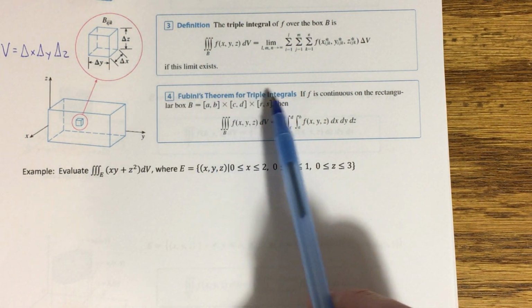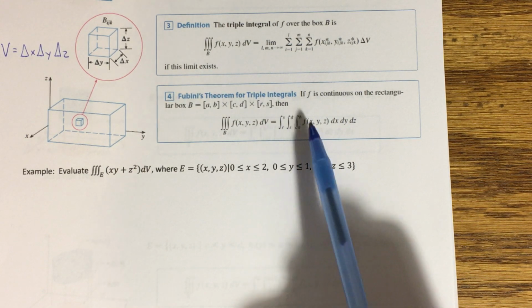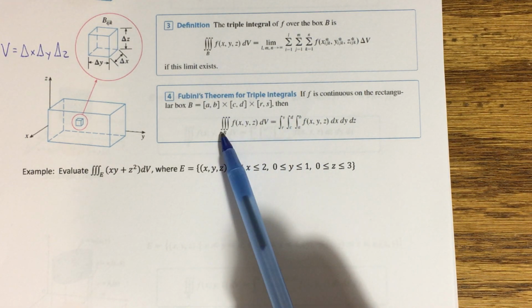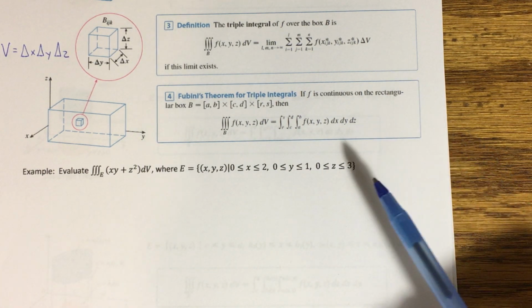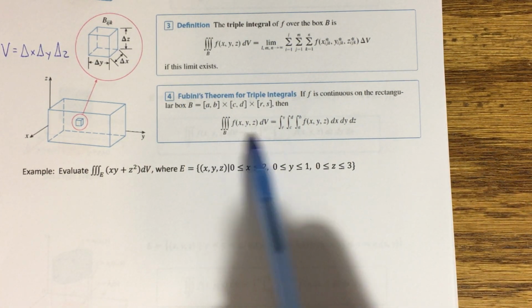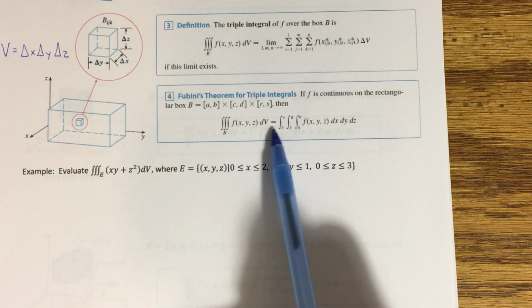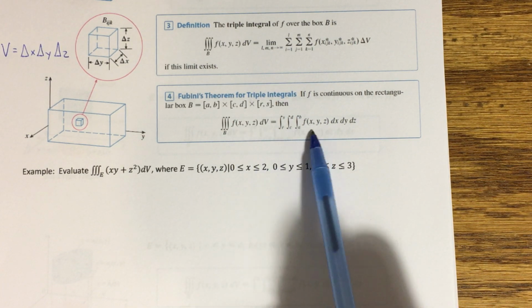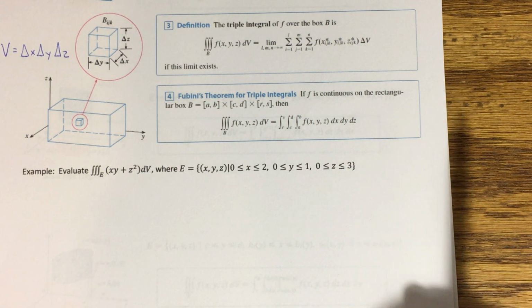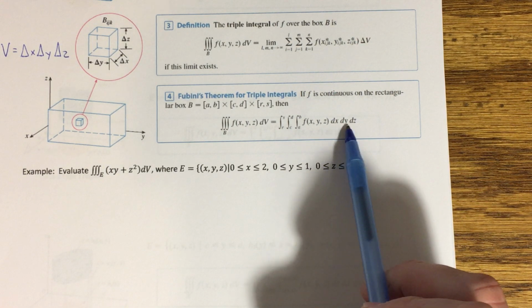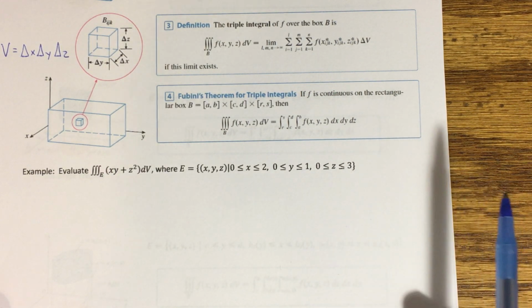But Fubini's theorem also is the statement that these triple integrals can be evaluated as iterated integrals at all. So Fubini's theorem also is telling us that when we evaluate these triple integrals, we can do so in the form of an iterated integral. And in addition to that, we could rearrange the order of this integration.